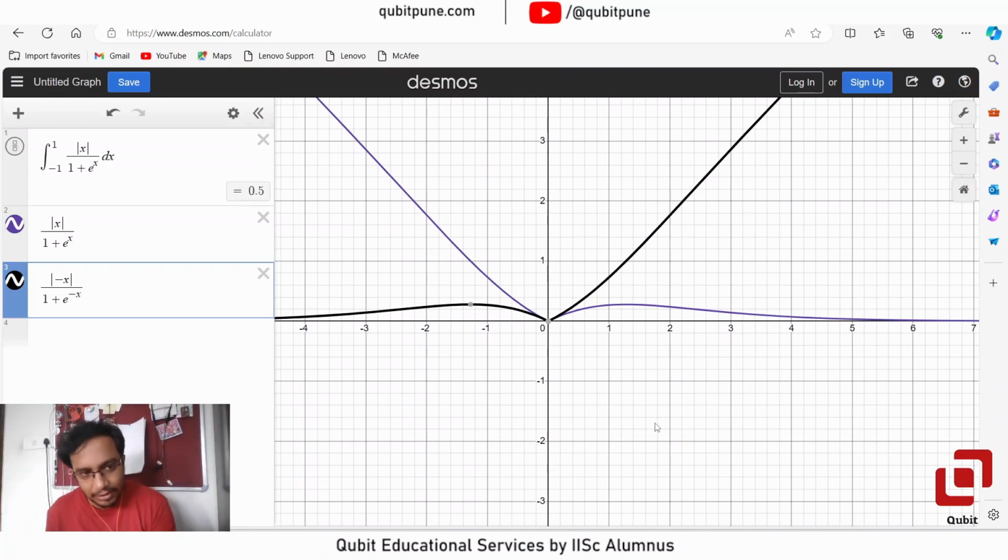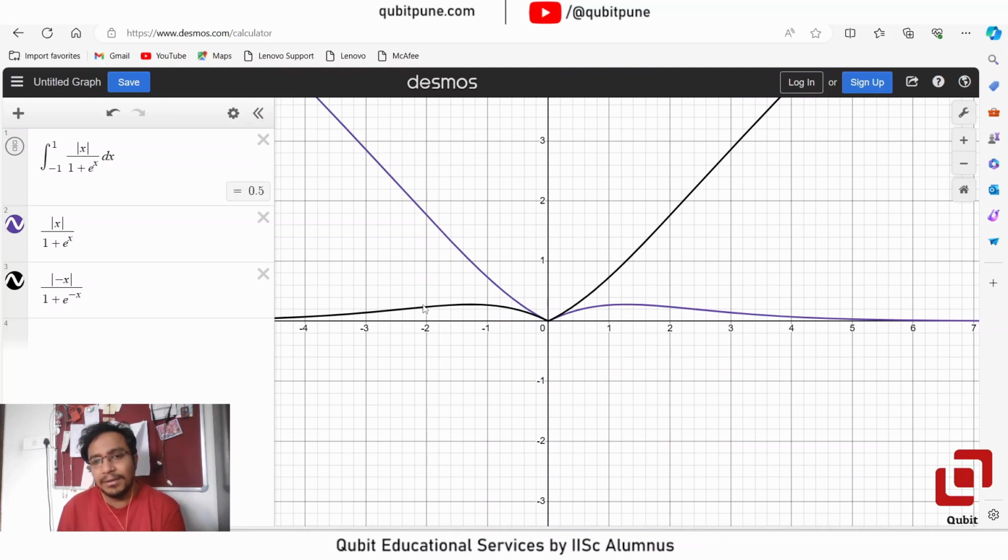Although the graphs independently don't have any kind of symmetry, when we plot them together, they definitely exhibit some kind of symmetry. The branch of the black curve in the first quadrant and the branch of the blue curve in the second quadrant are definitely mirror images of each other. You would agree to that.